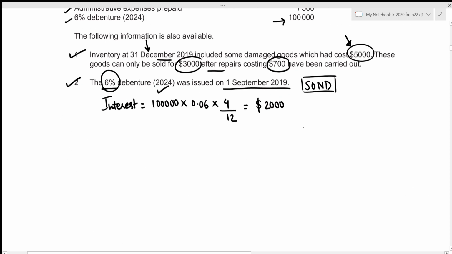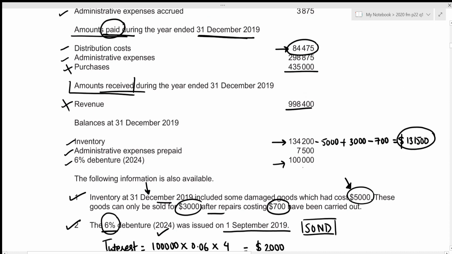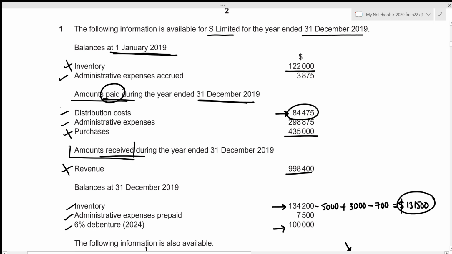So let's write it down. That will be our distribution costs of 84,475.